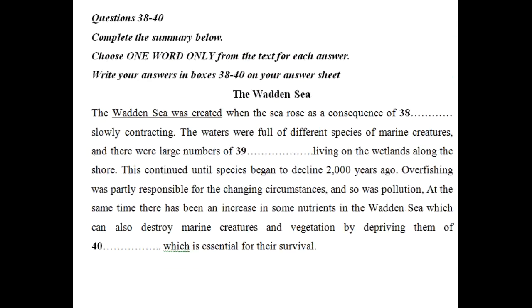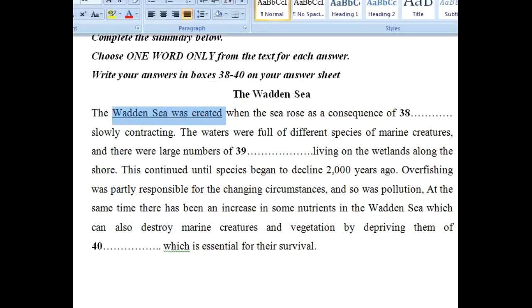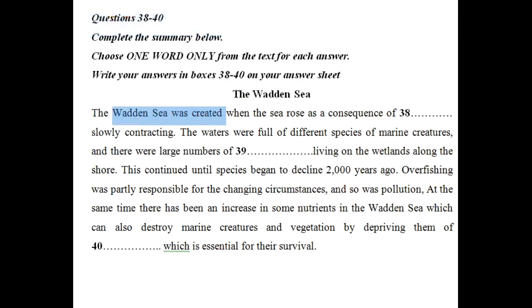And next comes the summary completion type of questions. I'm not going to discuss it in detail because I have already discussed the same type of questions in my previous videos. So I would request you to go through the tips and traps of that particular type of question, and you will be in a position to find the solution yourself.